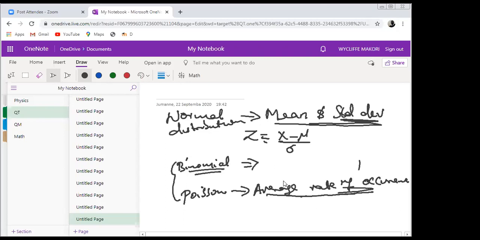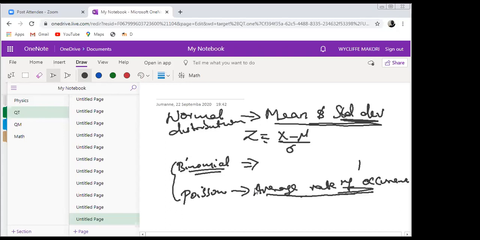But in this Poisson, you will be given the average rate of things happening. Now you apply the formula. But with this one, you will be told maybe in an exam, the probability of people passing is this. You will not be given something like an average. That is the key distinguishing factor, and hence you can be able to tackle them.